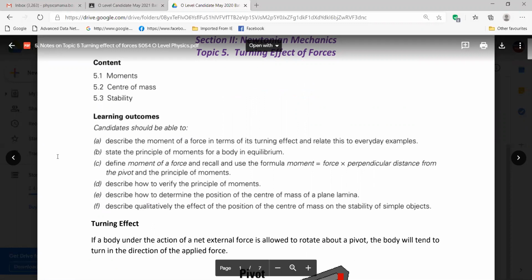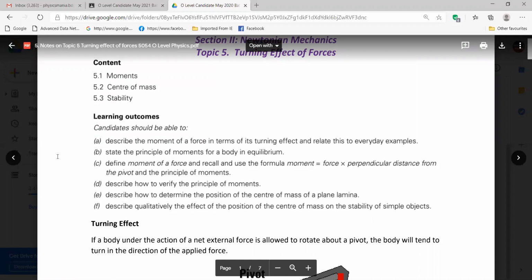Define moment of a force and recall and use the formula moment equals force into perpendicular distance from the pivot, and the principle of moments. Describe how to verify the principle of moments. Describe how to determine the position of the center of mass of a plane lamina. Describe qualitatively the effect of position of center of mass on the stability of simple objects.